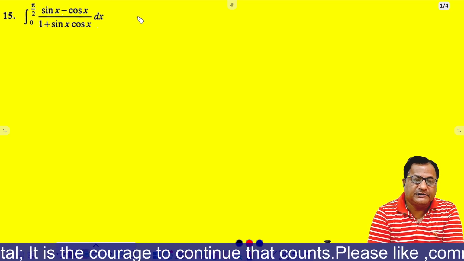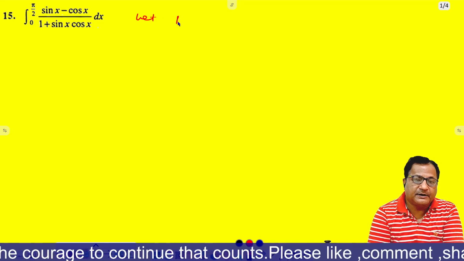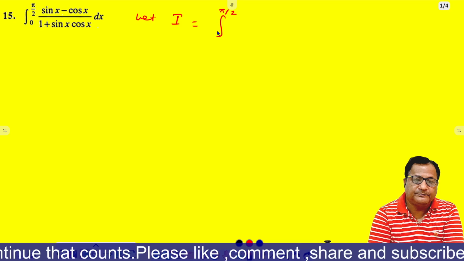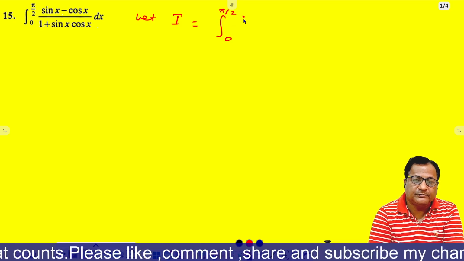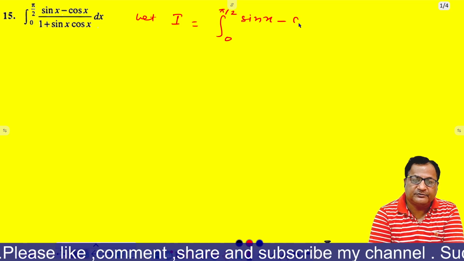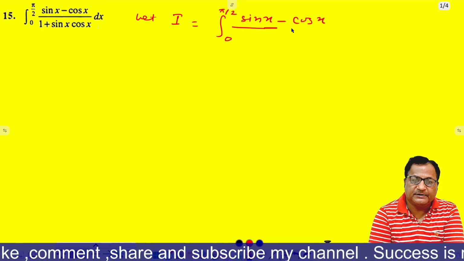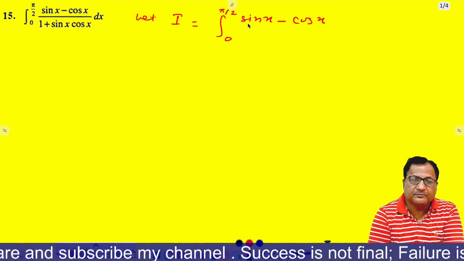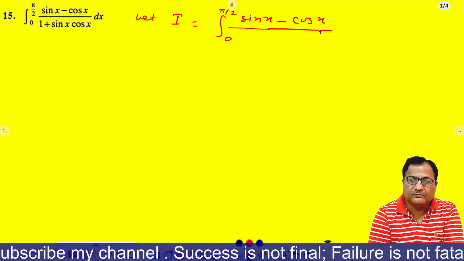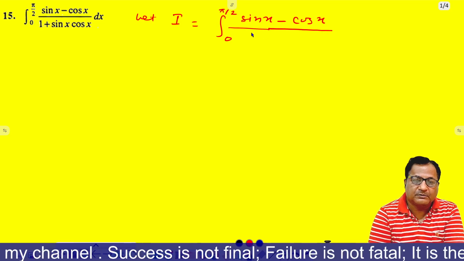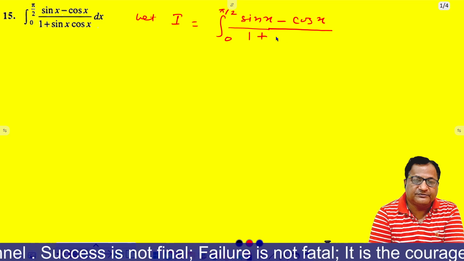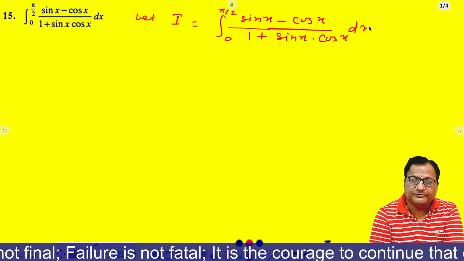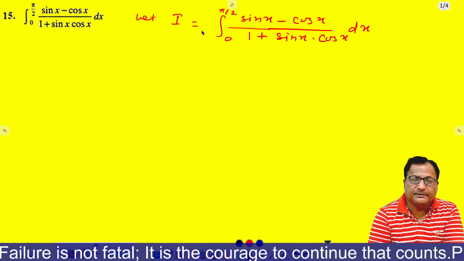Let I be equal to the integral from 0 to pi by 2 of (sin x minus cos x) divided by (1 plus sin x into cos x) dx. This is I is equal to this.